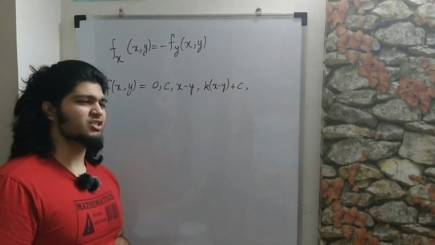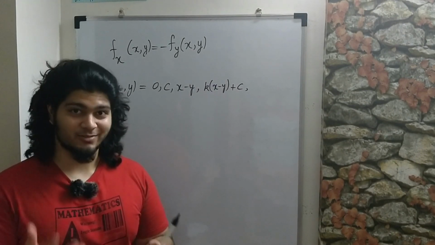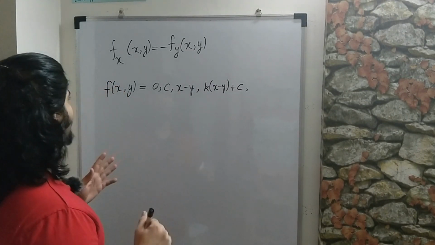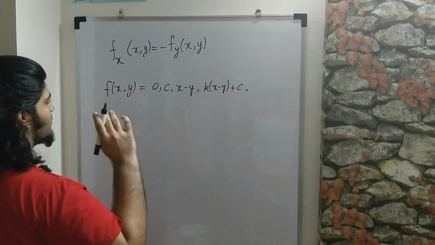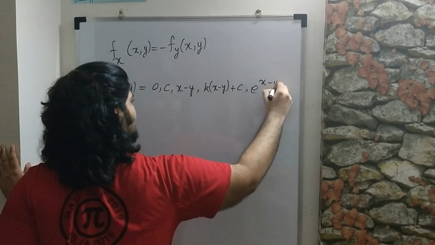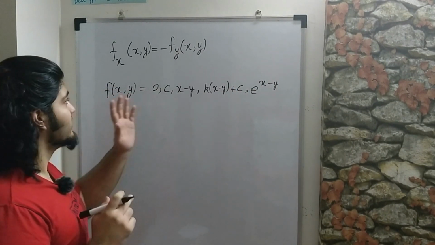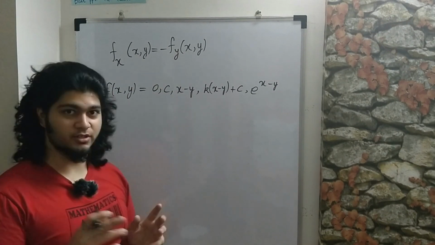What function doesn't change too much when you differentiate it? The exponential function. So if you think about it, you can also say that f of x, y is equal to e to the x minus y is also a solution. I'll leave it to you to check that for yourself.